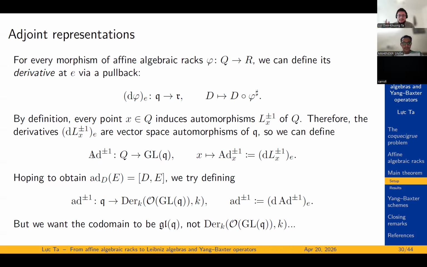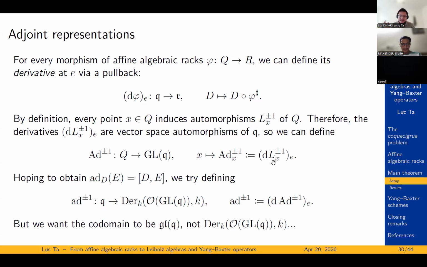Then, to get a Leibniz bracket, we take the derivative of that, and that's what we call little ad, the adjoint representation of math frac Q, which is the derivative of this at the unit.